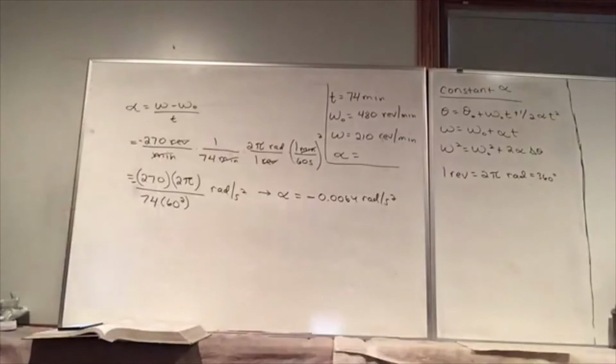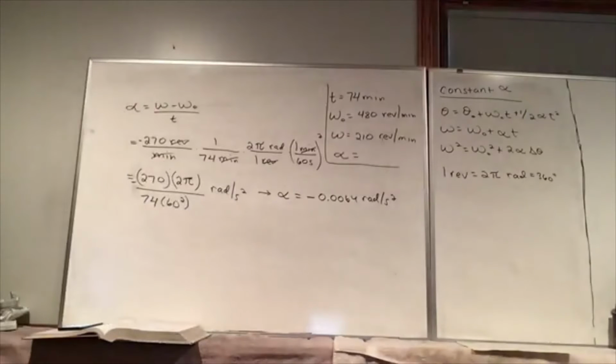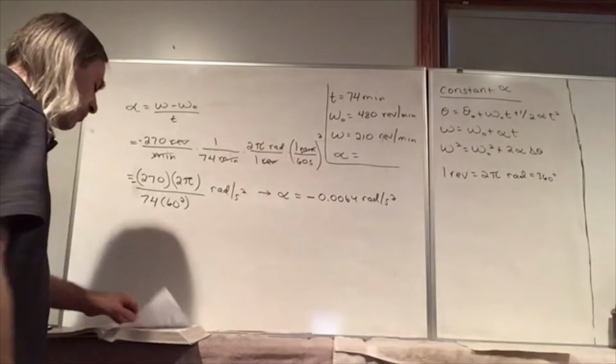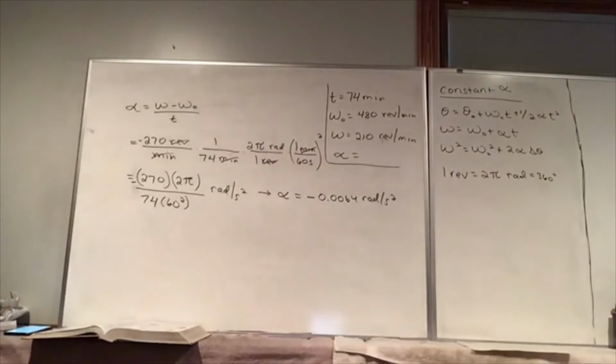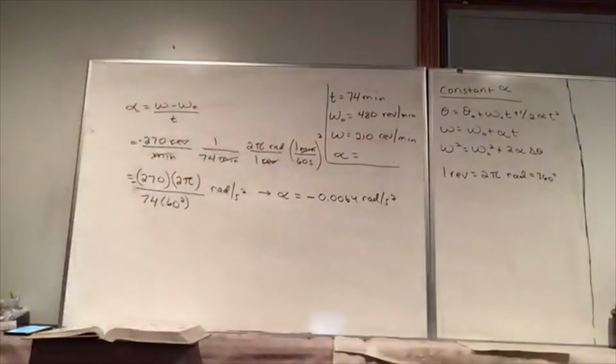So there should have been negative signs in front of everything. So that's the angular acceleration. Not very much, but over the course of 74 minutes, that is significant. Okay, so that was a very straightforward problem. The only thing you have to watch out for in that one is units.